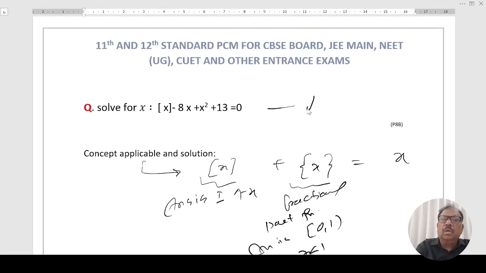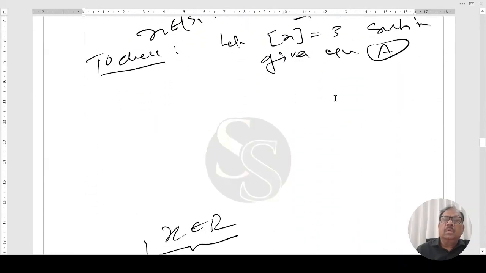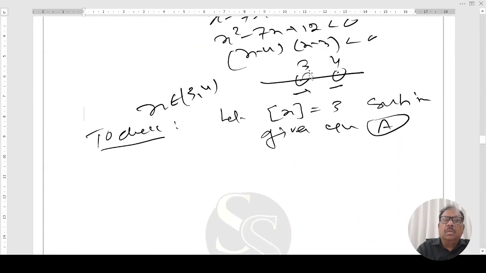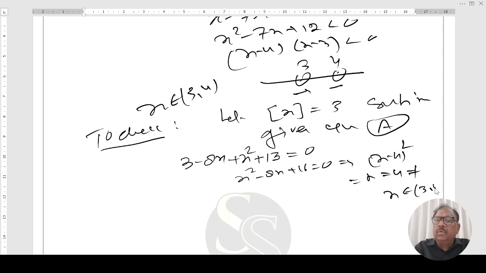Substituting, we get x square minus 8x plus 16 equal to 0, that is x minus 4 whole square equal to 0. So x equal to 4, which does not belong to x belongs to 3, 4.